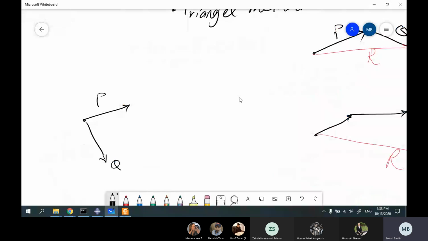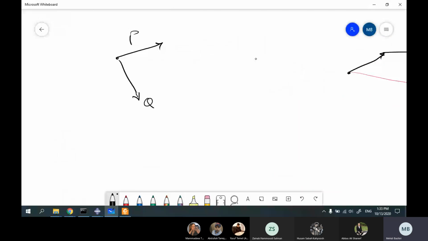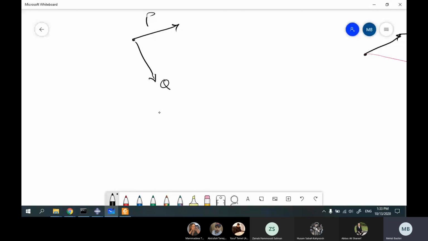Before moving any forces, you should know that you can move any force, okay?